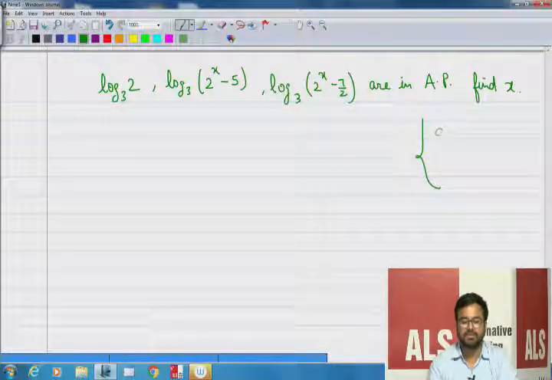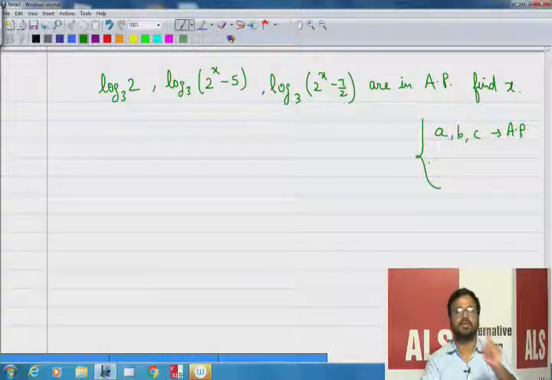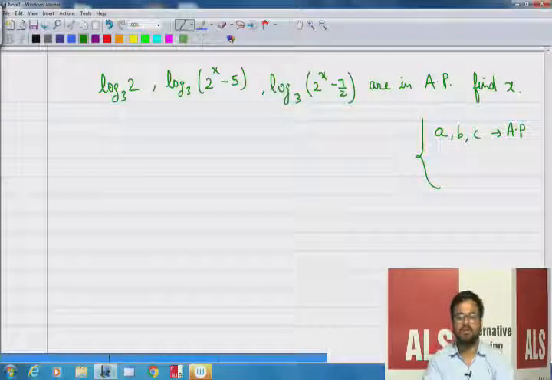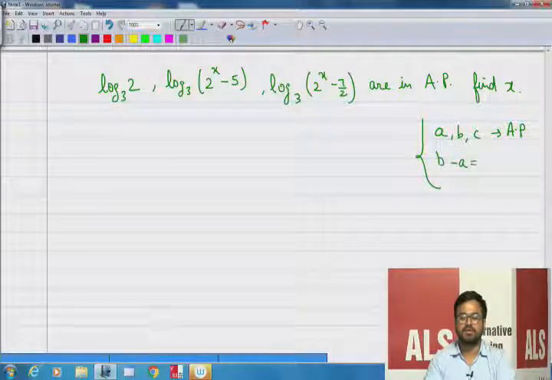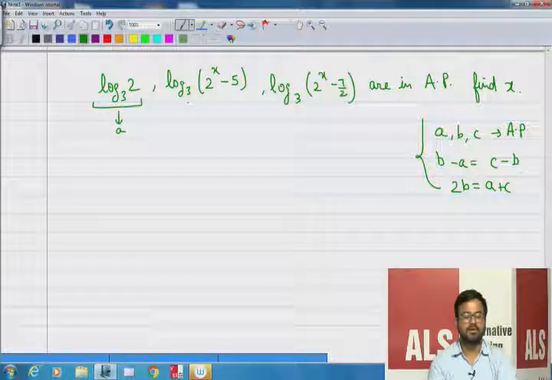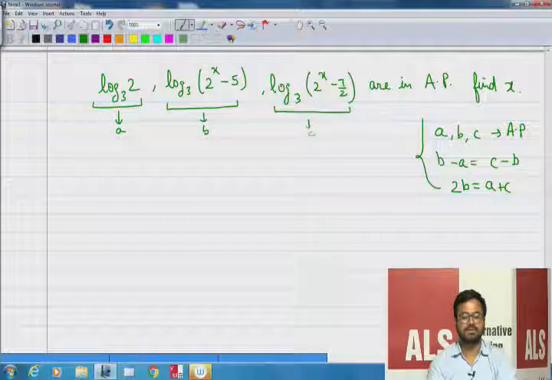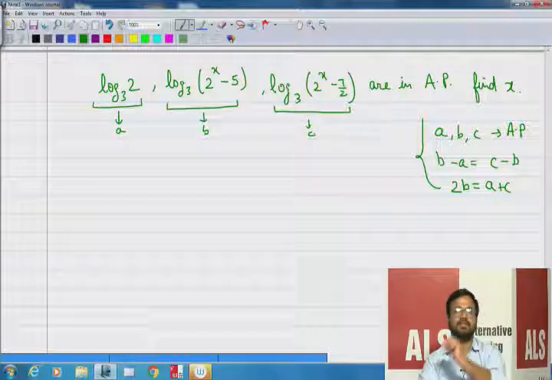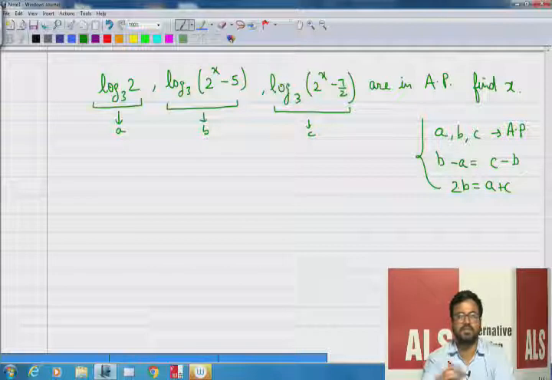The concept you can use: if A, B, C are in AP, then the difference between two consecutive terms is the same. So B minus A is equal to C minus B, or we can say twice of B is equal to A plus C. B is the middle term over here, so you can assume this one as your A, this one as your B, and this one as your C. So if these 3 things are in AP, we can say twice of the middle term is equal to the sum of the first and the last term.